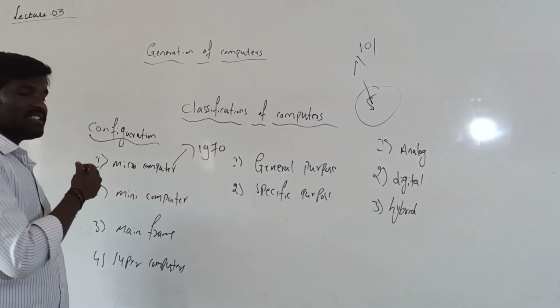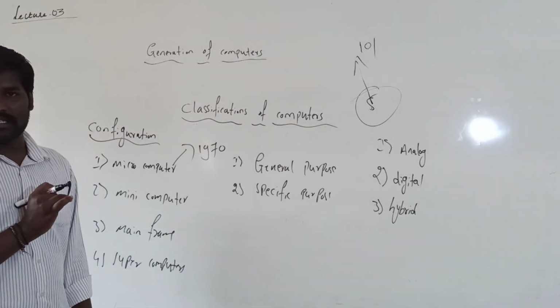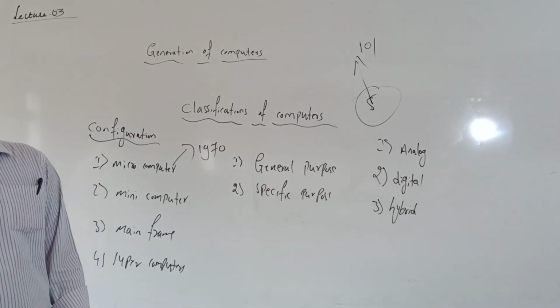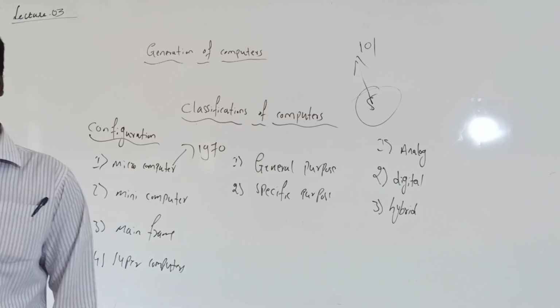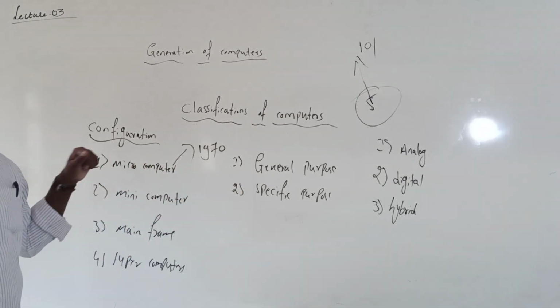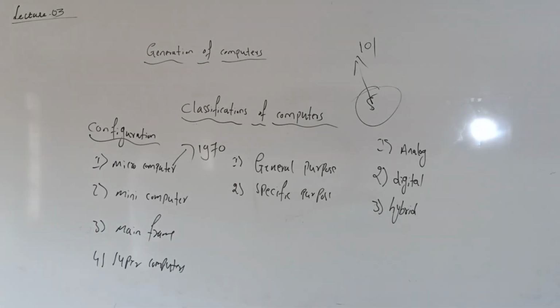In the same way i3, i5, i7. So microcomputers were introduced in the year 1970. That is nothing but the personal computers also. In microcomputers, 1 or 2 processors will be present, either it may be 3 or 5 also.